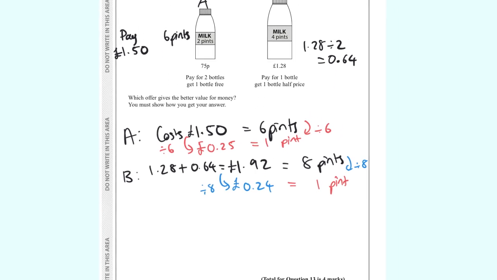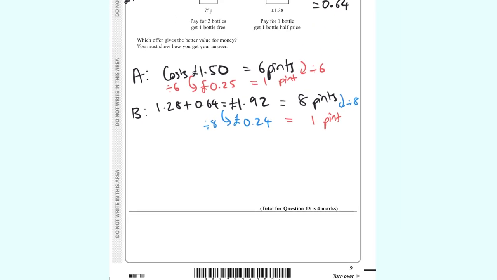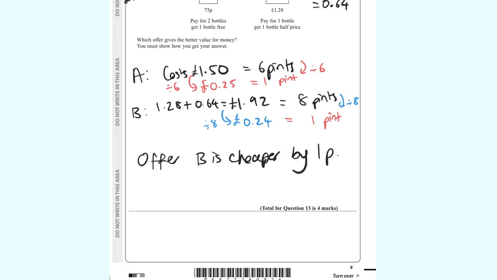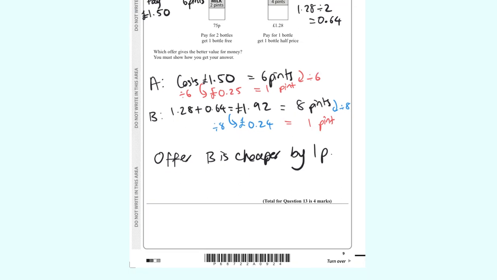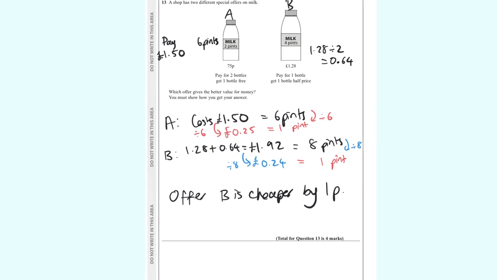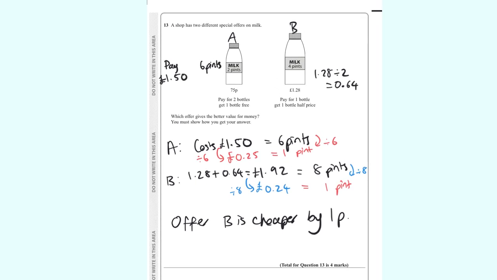Okay, so I'm just going to say offer B is cheaper by 1p. Alright. Or for the 4 pints is better, yeah? But yeah, if you label them A and B, they can use that to see what you're saying. Makes it a bit easier.